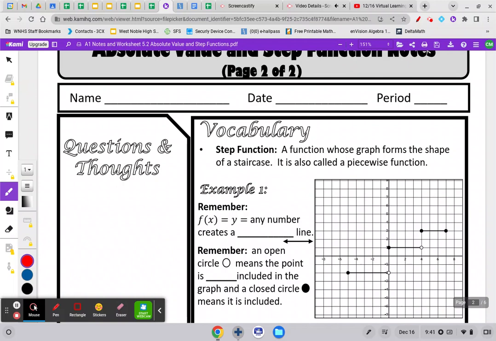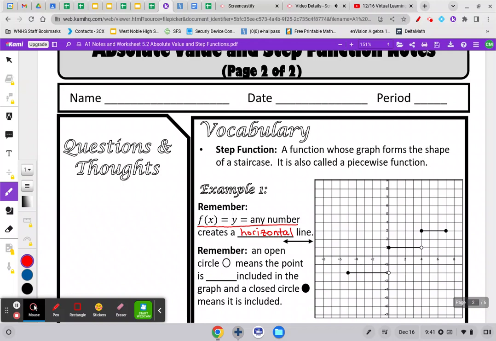But for step functions, a step function is a function whose graph forms the shape of a staircase. It is also called a piecewise function. It's one specific type of piecewise function. There are a bunch of other ones, but we're just going to do step. So remember, f of x, which is the same as y, is equal to any number, creates a horizontal line.